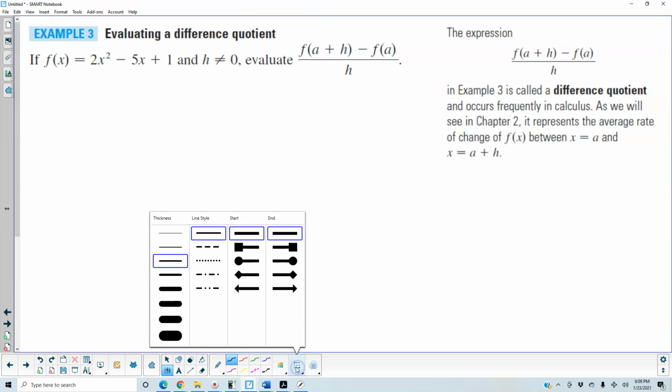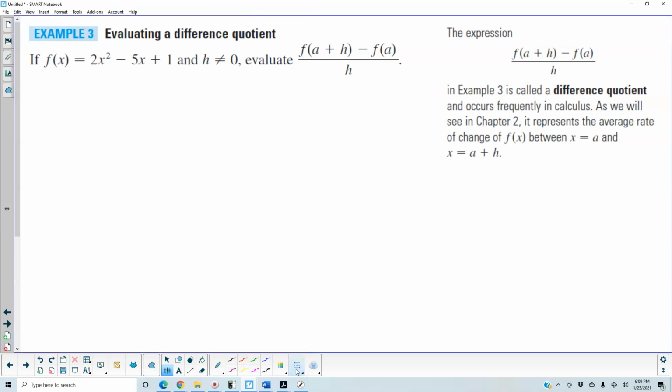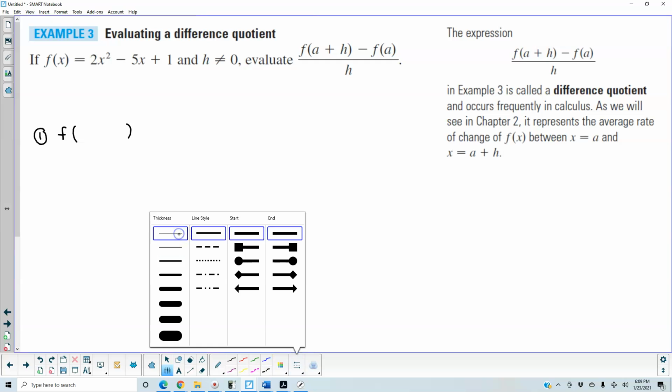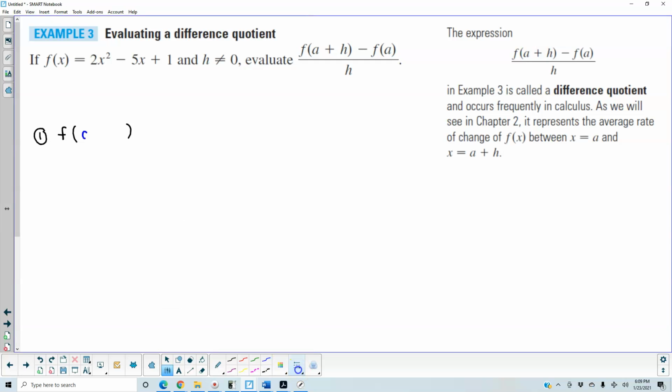First, let's begin. The first thing we need to do is find f of a plus h. So we're going to write this as a plus h, and then we're going to plug that in for the values of x in that function.